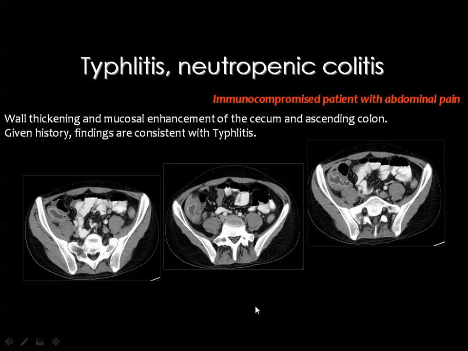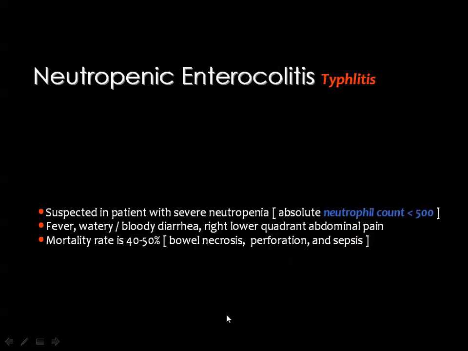If you know from the clinical data that this patient is immune suppressed or immune compromised, and the leukocytic count is very low, like this absolute neutrophil count may be less than 500.